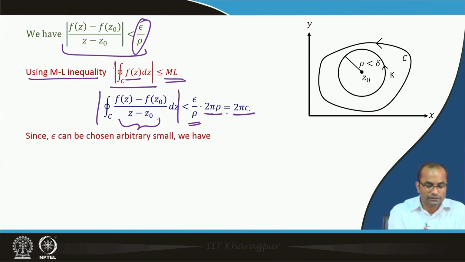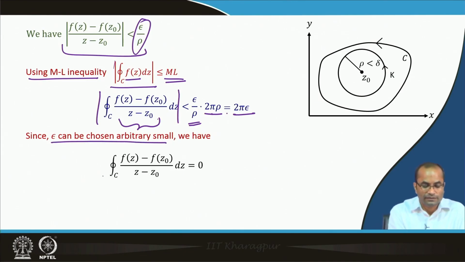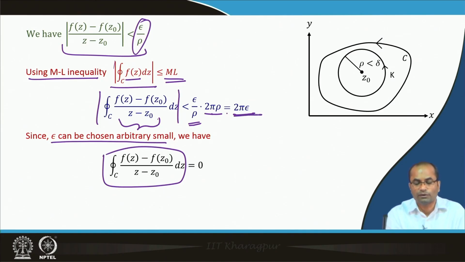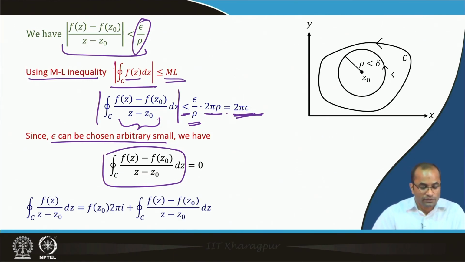This means the value of this integral has to be 0, because it is bounded by 2 pi epsilon and epsilon can be chosen arbitrarily small; otherwise it cannot be less than 2 pi epsilon, an arbitrary number.